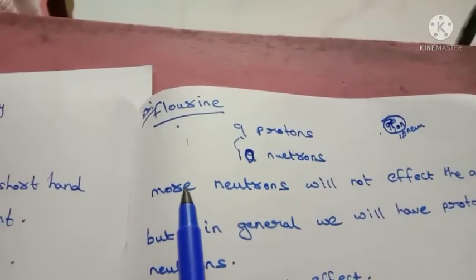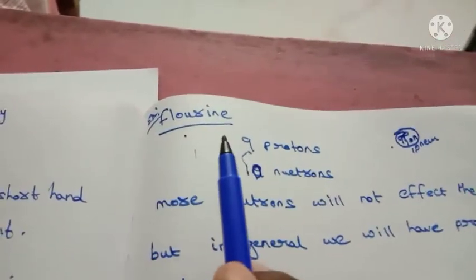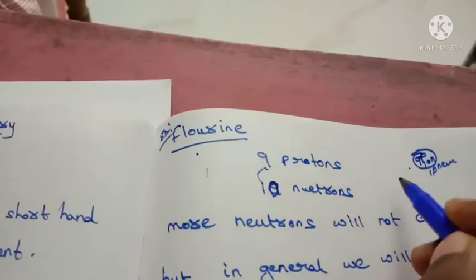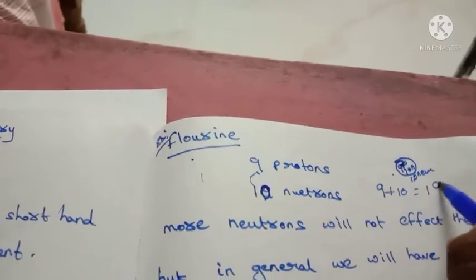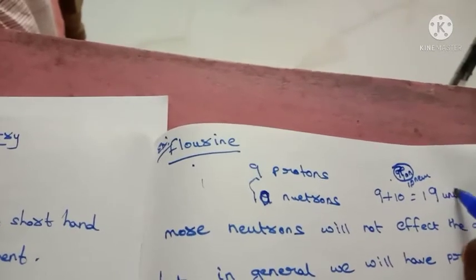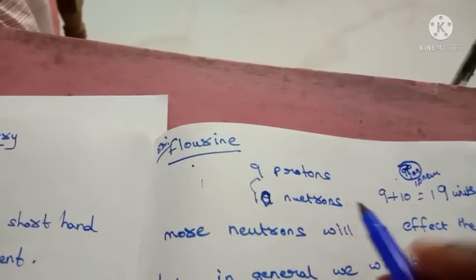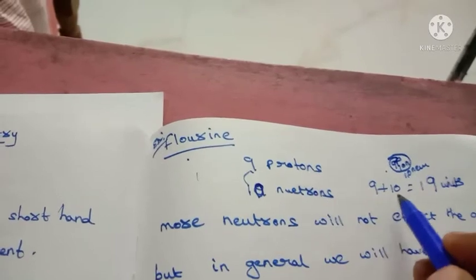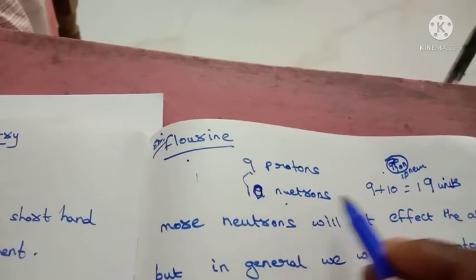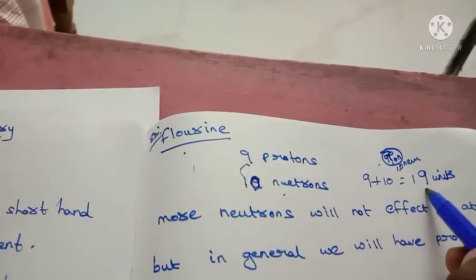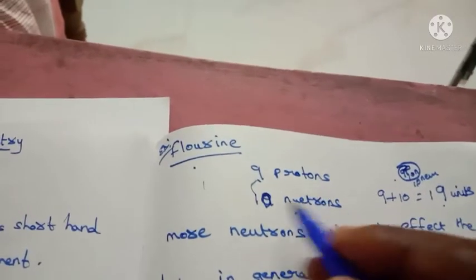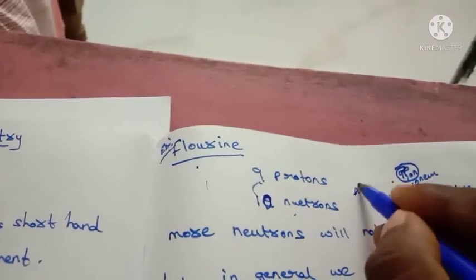Now what is the mass of fluorine? That is 9 plus 10, 19 units. The sum of these protons and neutrons will give you the atomic mass of fluorine.